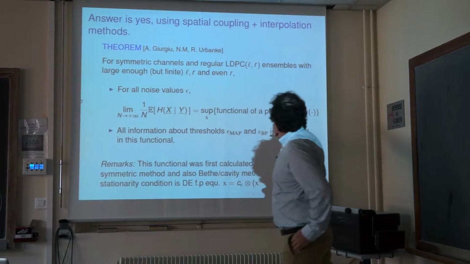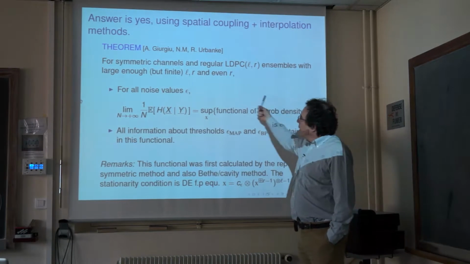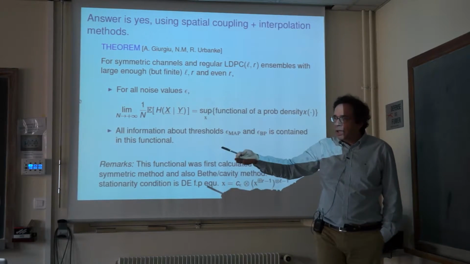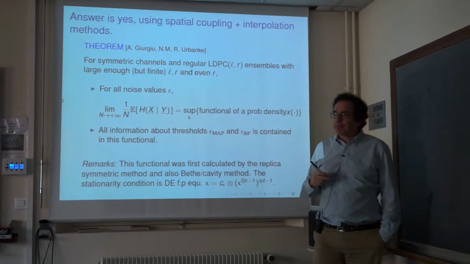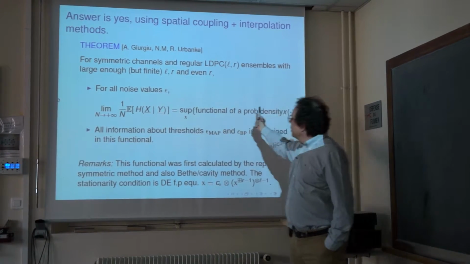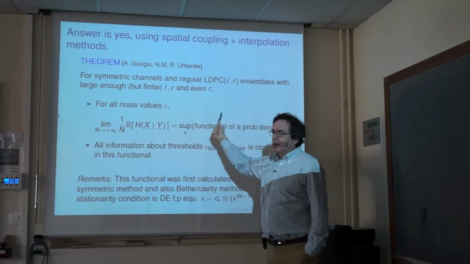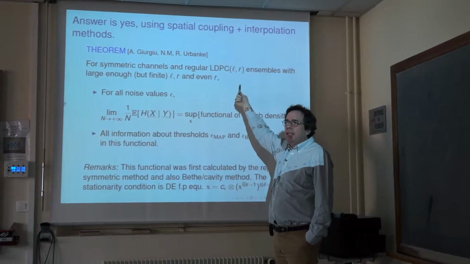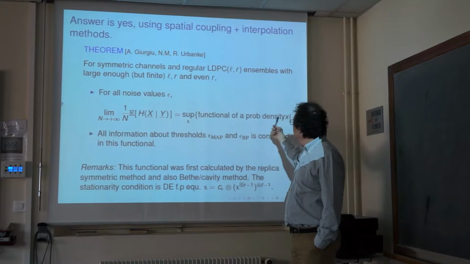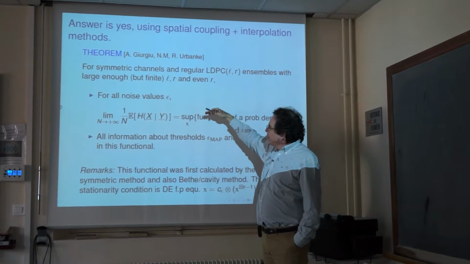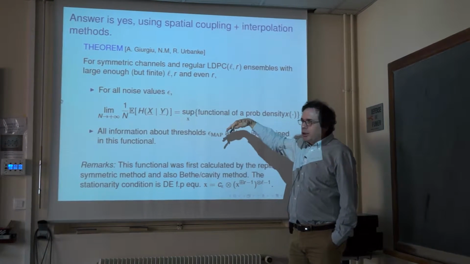Okay, so I want to illustrate how to use spatial coupling as a proof technique to prove this kind of formula. And this is valid for uncoupled LDPC codes. Of course, it's also valid for coupled LDPC codes, then this functional is more complicated. But I'm not interested in coupled LDPC codes.